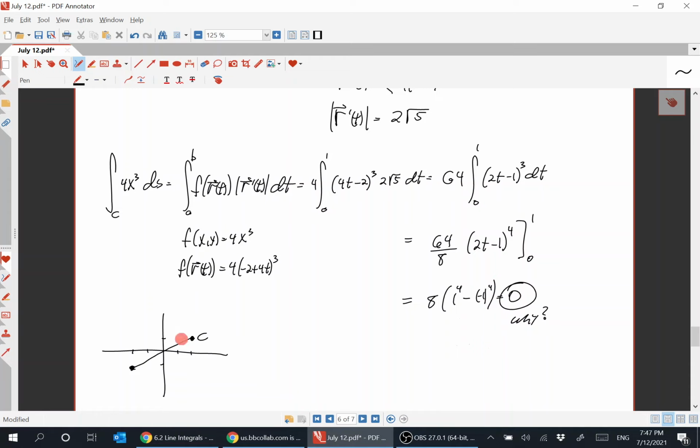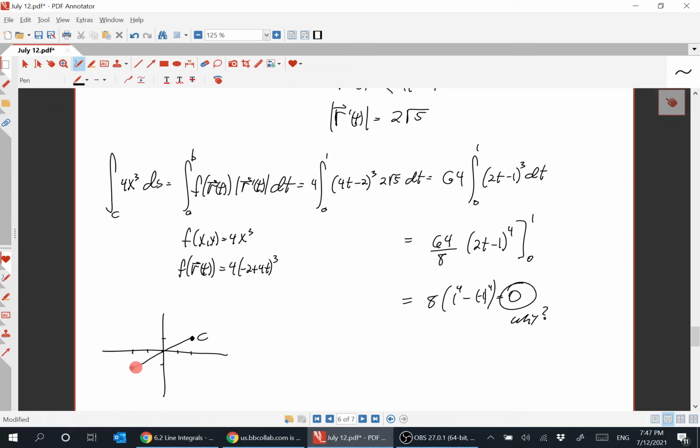So the x coordinates along here are the negatives of the x coordinates along here. So we're adding up the value of 4x to the third in this direction, and they're all positives.